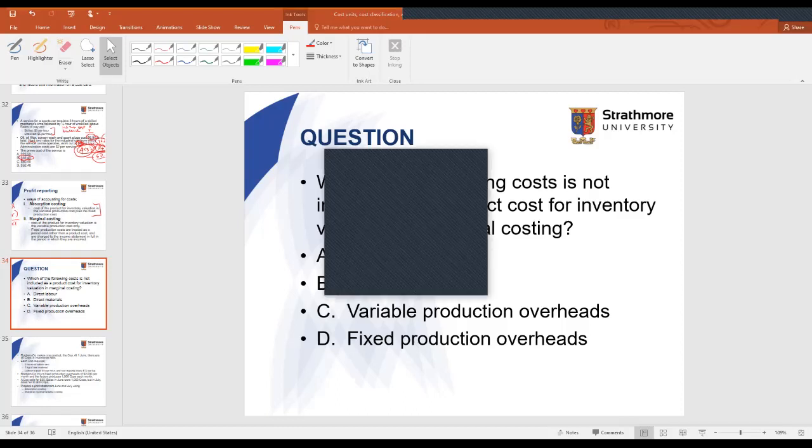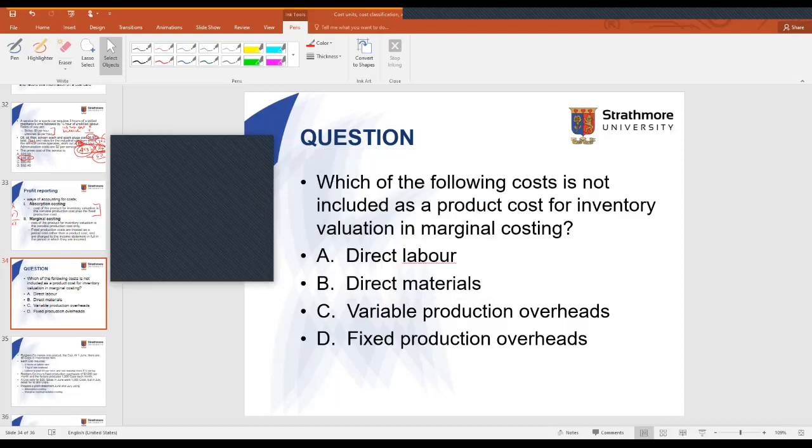Yes, Alexander, D, because the answer is D. When using the marginal costing method, don't forget, if we have fixed production overhead, it is not part and parcel of the cost of the product. But if you're using the absorption costing method, then all of them become part and parcel of the cost of the product.